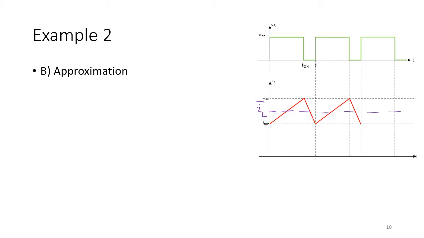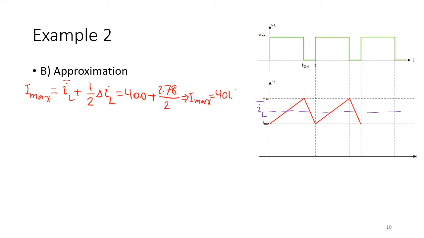So Imax will be equal to IL average plus half of the ripple. It is equal to 400 ampere plus 2.78 over 2. So Imax will be equal to 404.4 ampere.